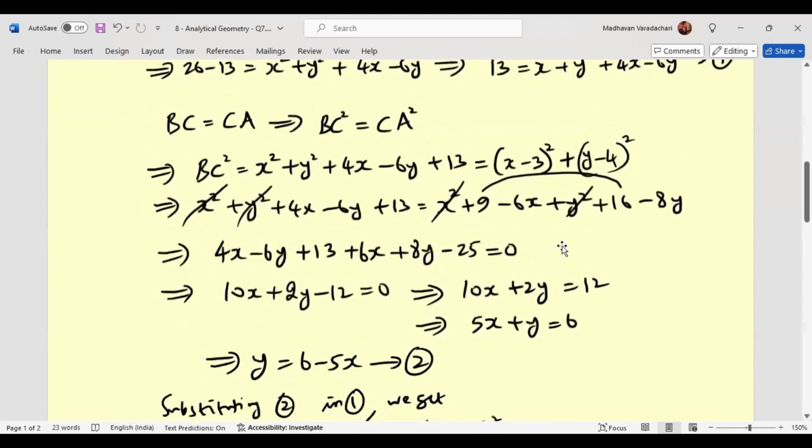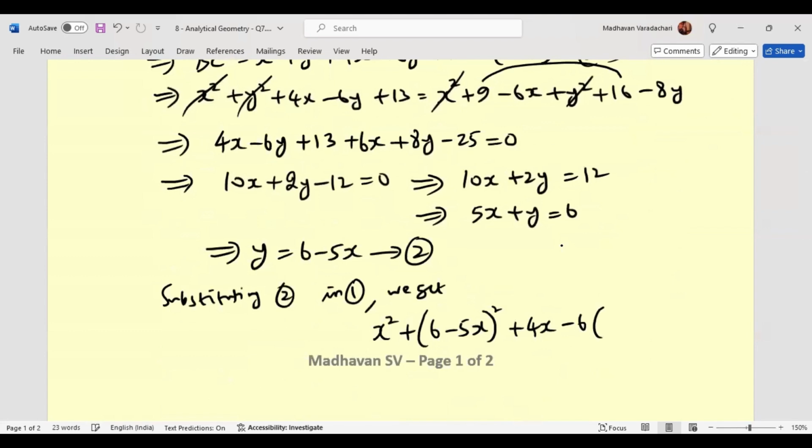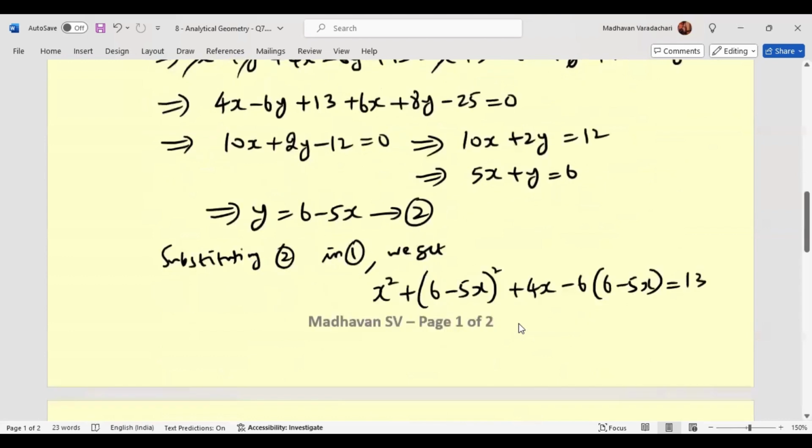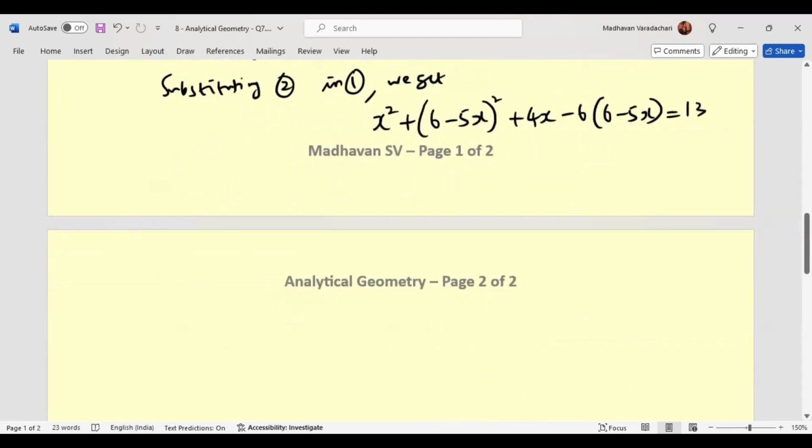And then minus 6 times y, minus 6 times 6 minus 5x is equal to what? 30. Now let us expand this. We will get x square plus, if I expand 6 minus 5x square, we will get 36 plus 25x square minus 60x plus 4x minus 36 plus 30x equal to 30.